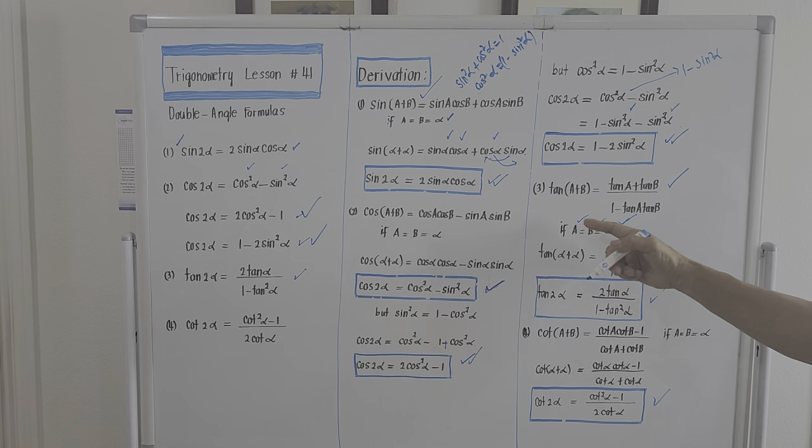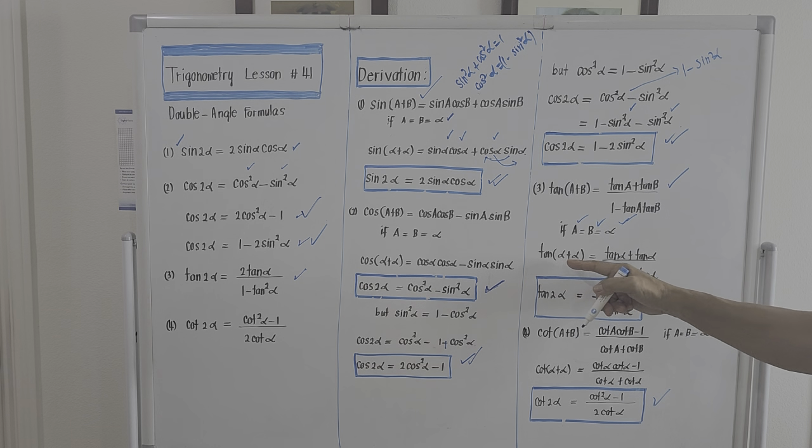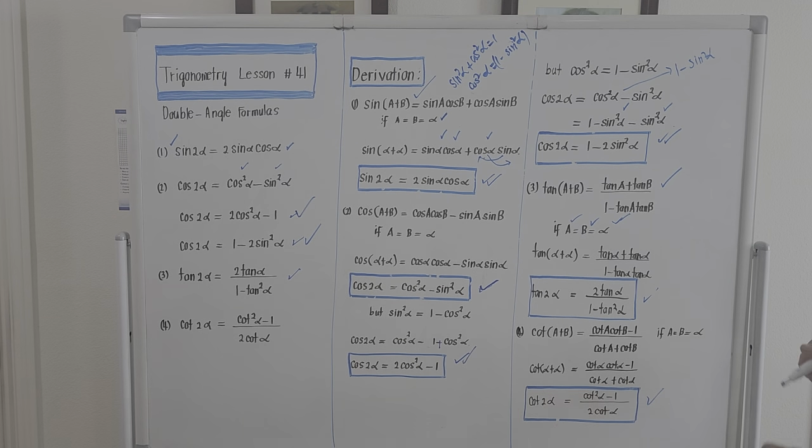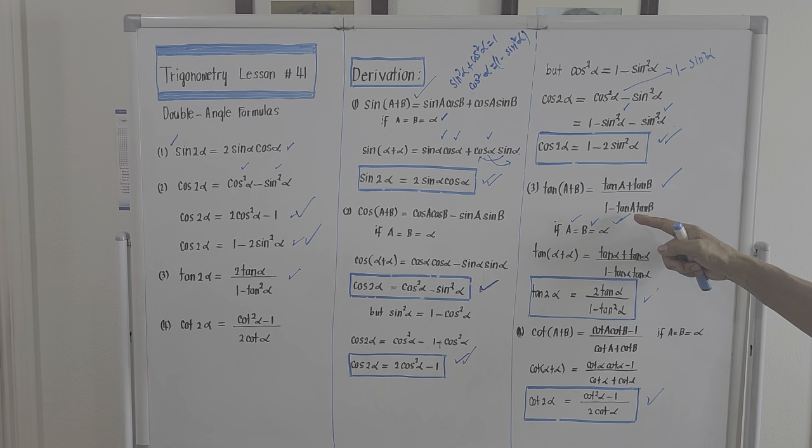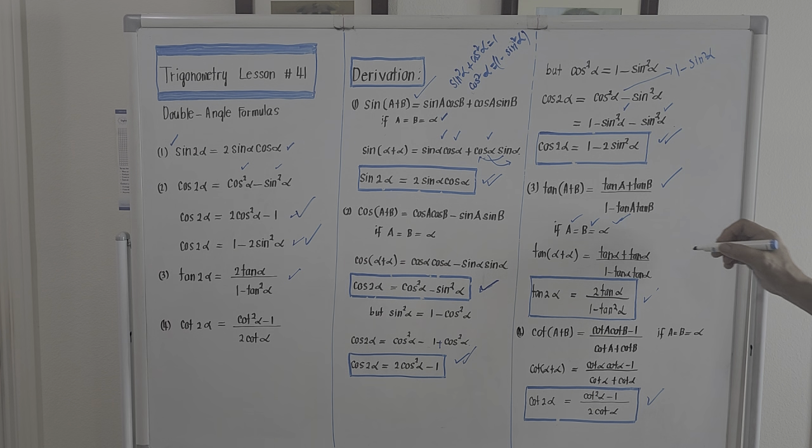So we replace all angles by alpha. Tangent of A, which is alpha, plus B, which is also alpha, equal to tangent of alpha plus tangent of alpha, all over 1 minus tangent of alpha times tangent of alpha. Okay, this is now algebra.